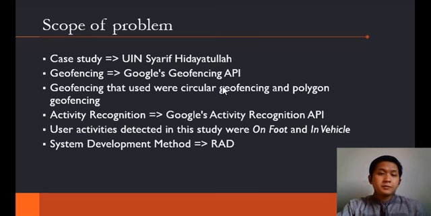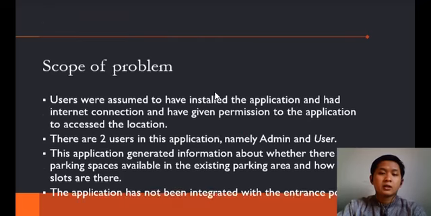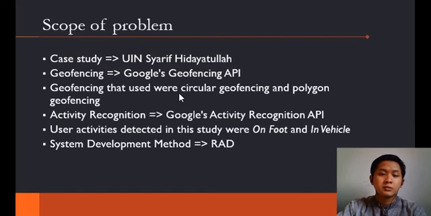The scope of the problem of this research is as follows. Case study, the research was conducted at UIN Syarif Hidayatullah, and the geofencing that we use is Google's geofencing API. The geofencing used were circular geofencing and polygon geofencing.